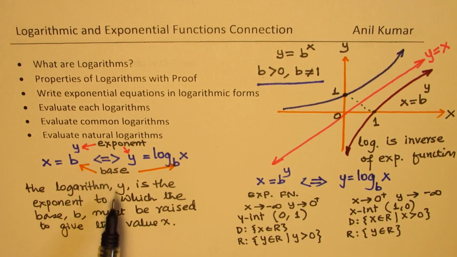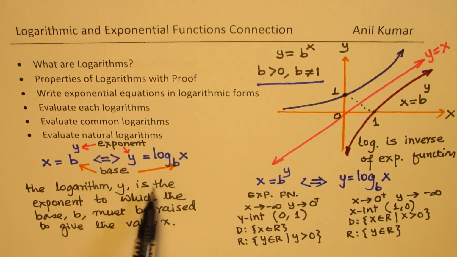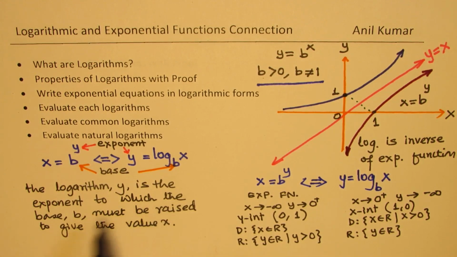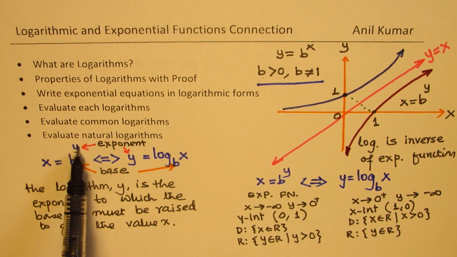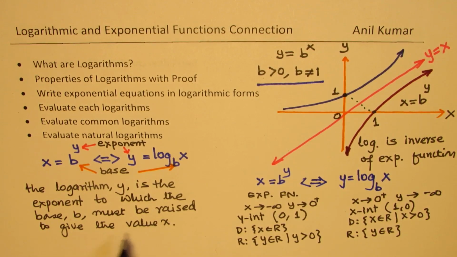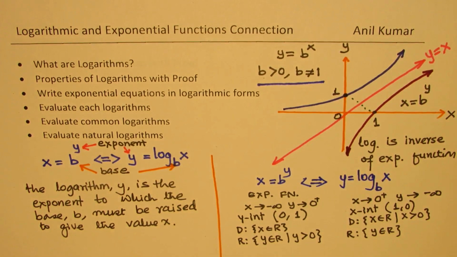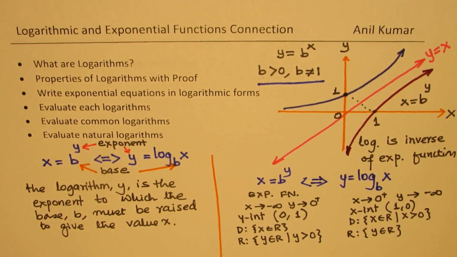So the logarithm y is the exponent to which the base b must be raised to give the value of x. Do you understand the concept? So that is how we actually define logarithms. Perfect. So I hope this concept is absolutely clear, and it will be more clear as we take up some simple examples.